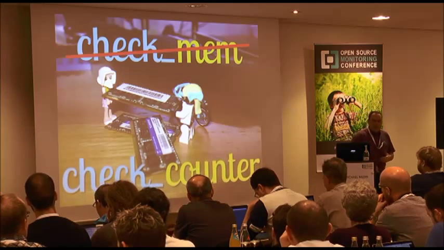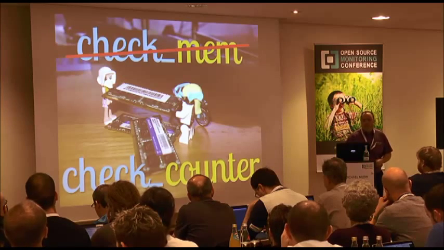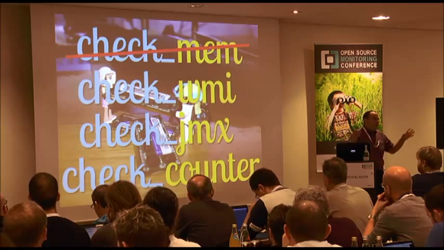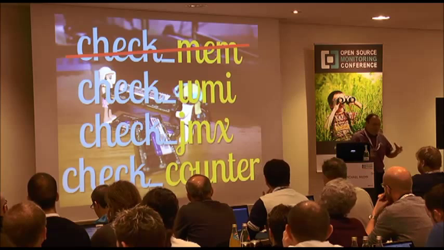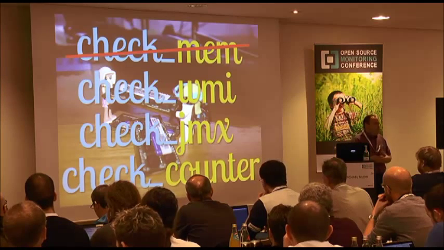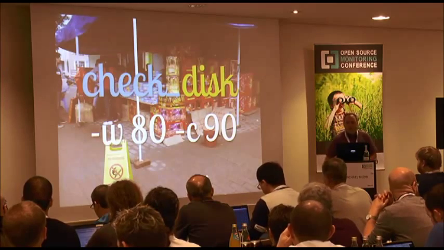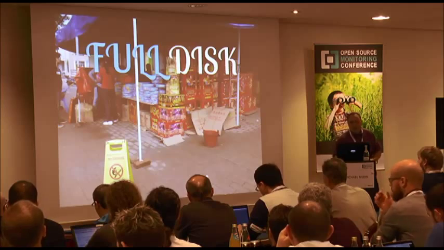A better thing is maybe check counter, where we can actually talk to our applications if we're running Windows, or JMX, or WMI, or whatever application server allows us to talk to it, right? But a lot of all these core metrics which we're using are completely pointless. And sort of to go back to where we started, check disk, which is my favorite check of the talk.